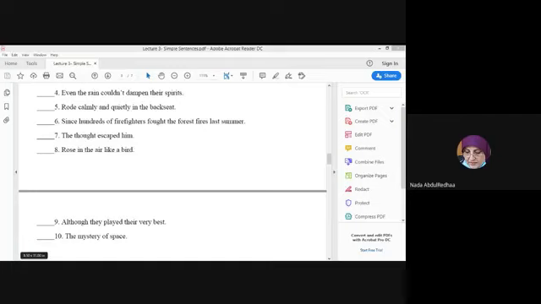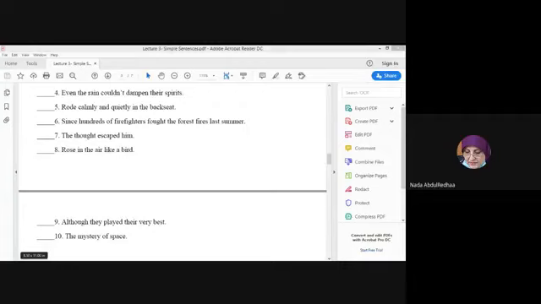The mystery of space. It's a dependent clause. Yes. It doesn't have a verb or a subject. We don't have a verb or subject. But what do we consider it here?